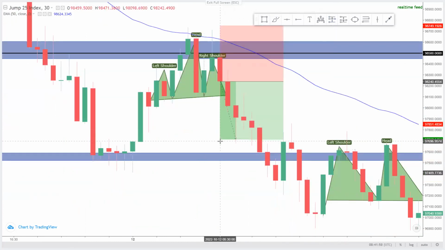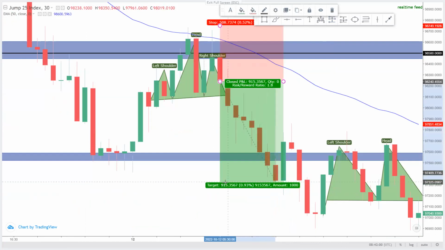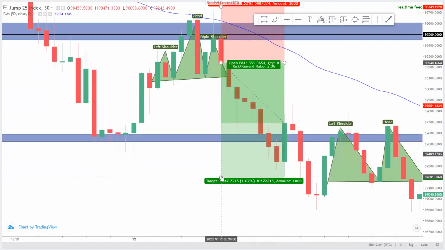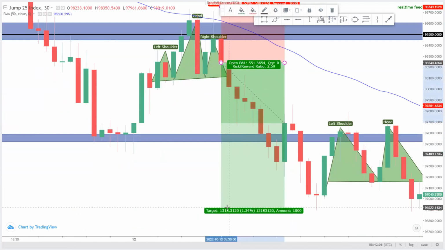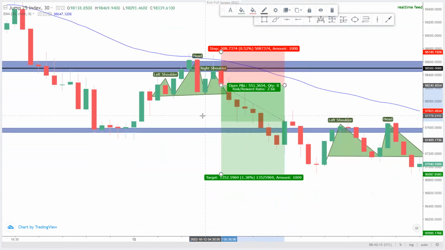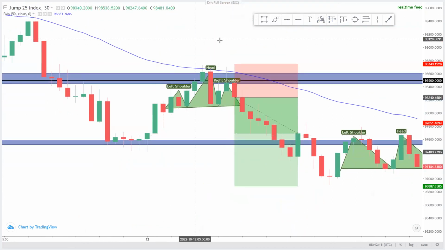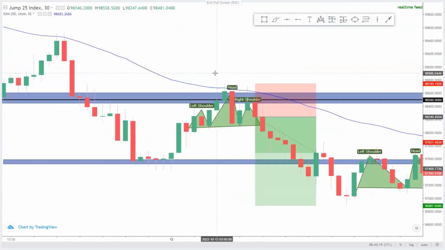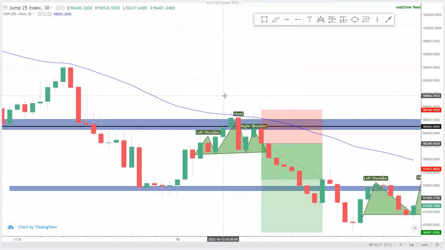And then we're targeting anywhere from the 1 to 2, minimum of 1 to 2. We can increase our reward ratio depending on the strength of the trend. So that's the second case study of how I make use of the head and shoulder pattern for entry confirmations.